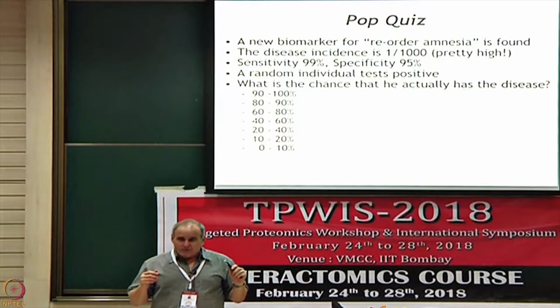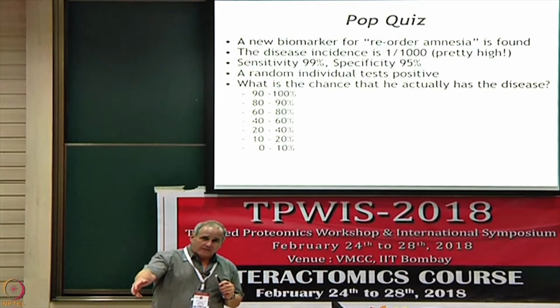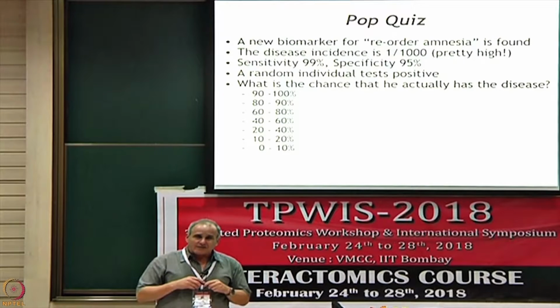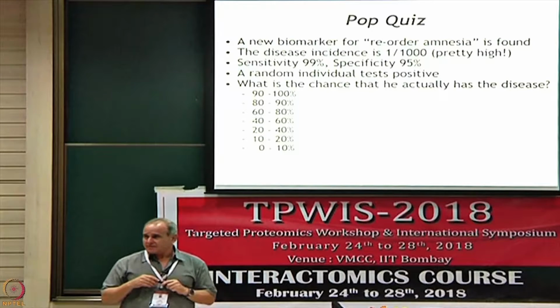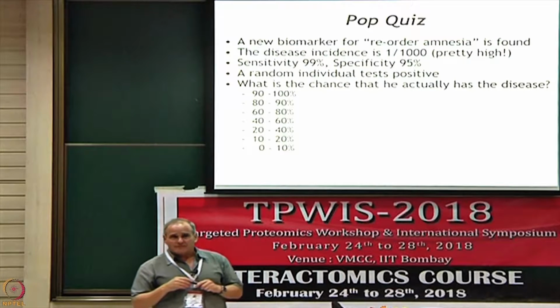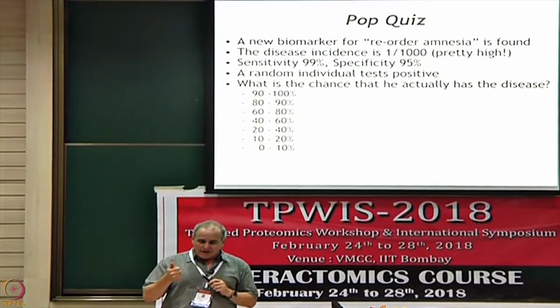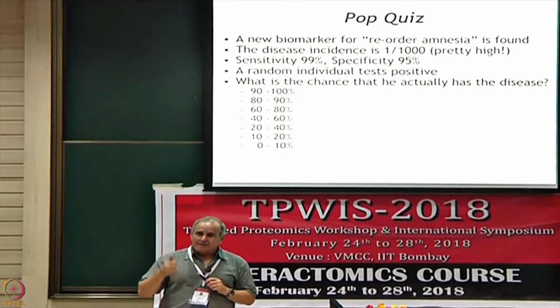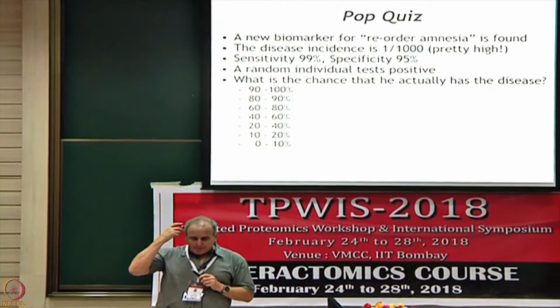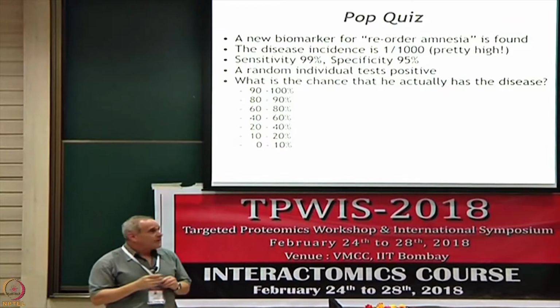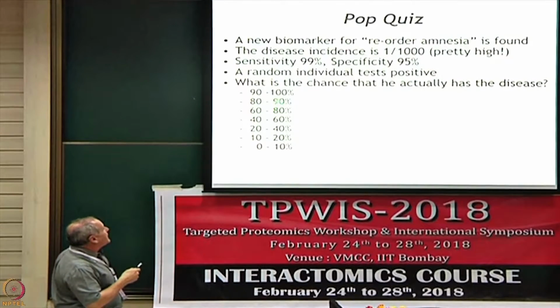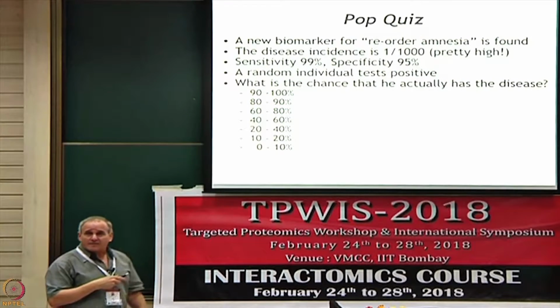Okay? We test a random individual for the disease. What's the chance that he actually has the disease? Okay? Got it? Sensitivity 99, specificity is 95. So how many people think that there's an 80 to 90% chance that he has the disease?